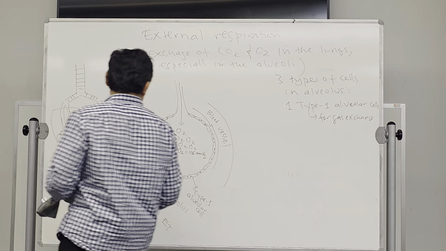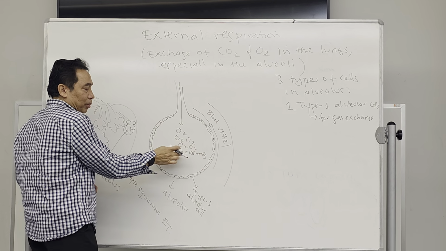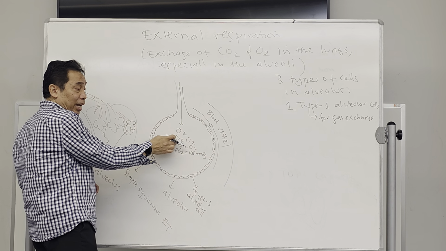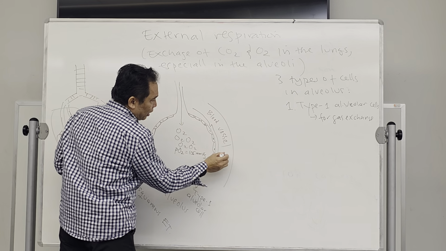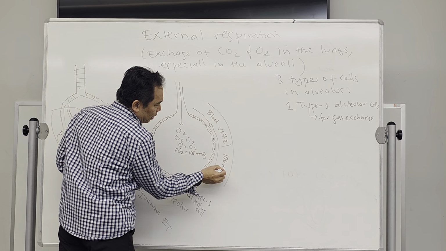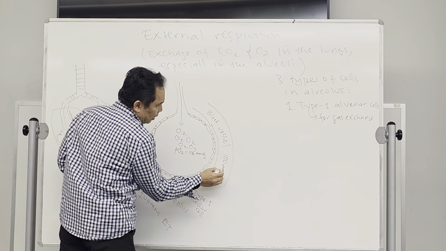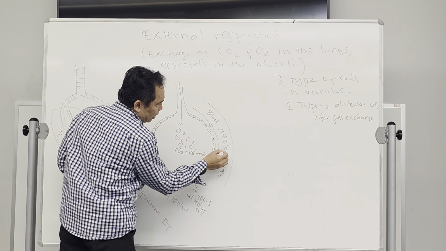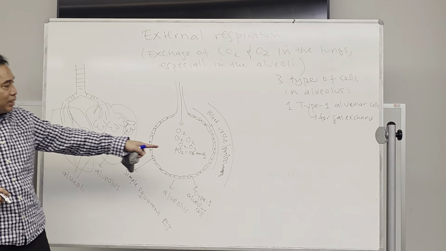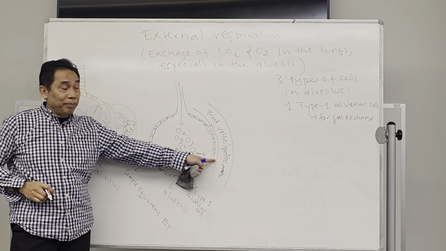Okay. So because we have a higher pressure of oxygen in the alveolar sac over here, and in the blood vessel it is about 100 millimeters of mercury of oxygen partial pressure, it means less pressure, right?